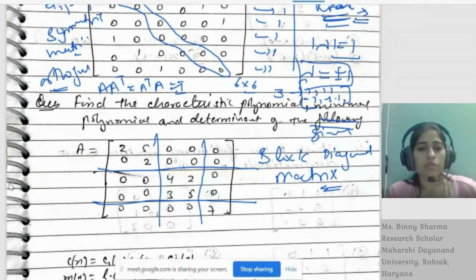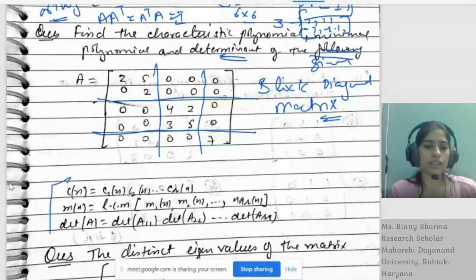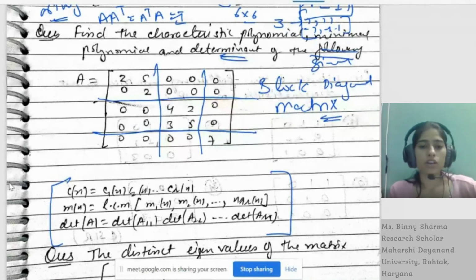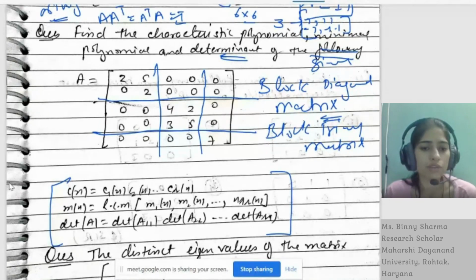Now we have to find the characteristic polynomial, minimal polynomial and determinant. These are the results for a block diagonal or block triangular matrix. To find the characteristic polynomial of the whole matrix, we just find the characteristic polynomial of each block, and the product of these characteristic polynomials gives the characteristic polynomial of the whole matrix.